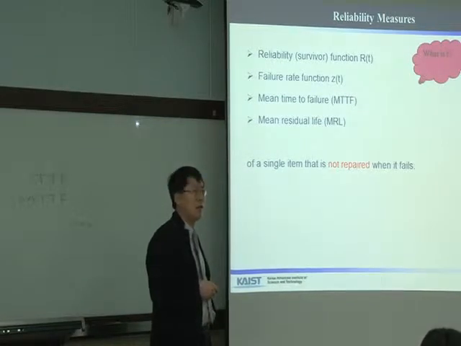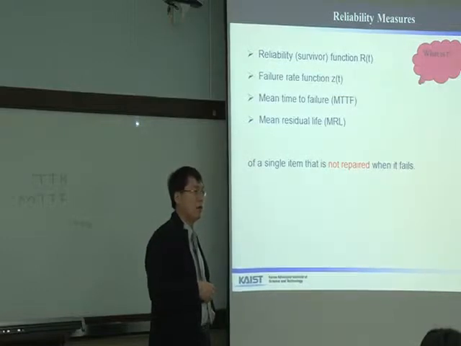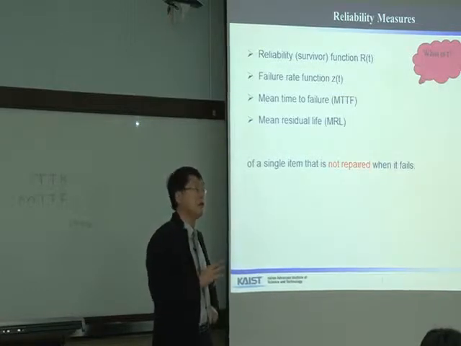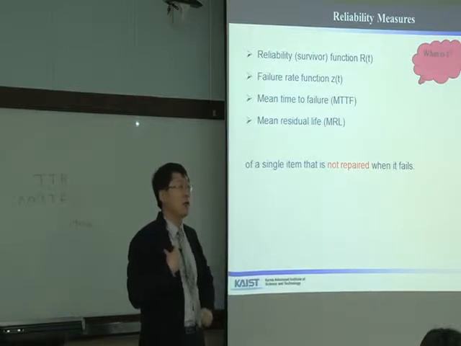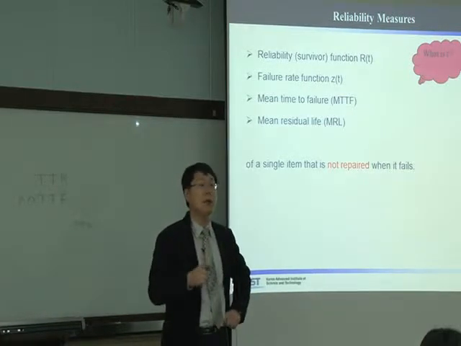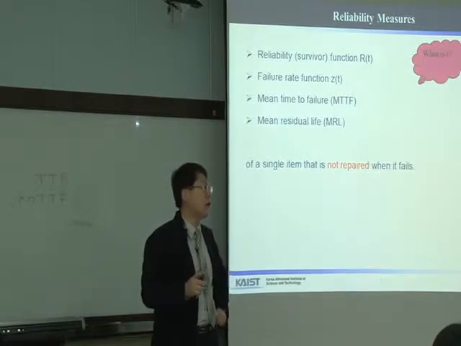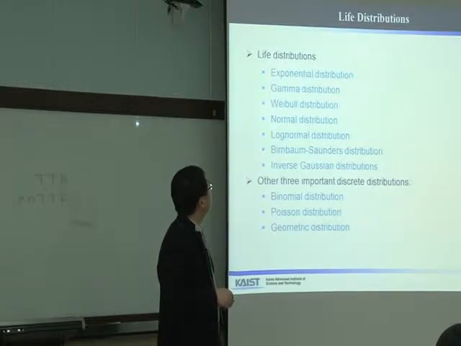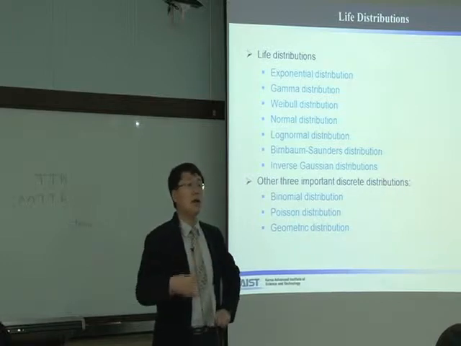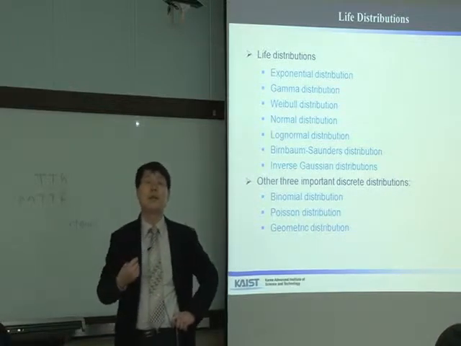So what is T there? T is the lifetime. Consider the human life. T is the lifetime, the time when the item is okay, the item is operating. There are many models to express the life distributions.